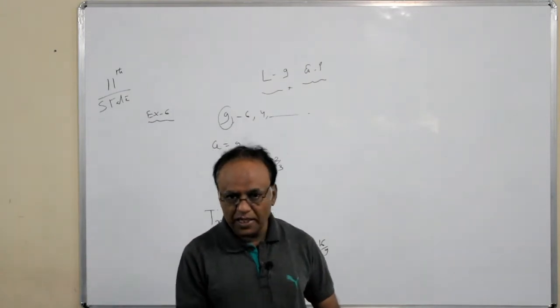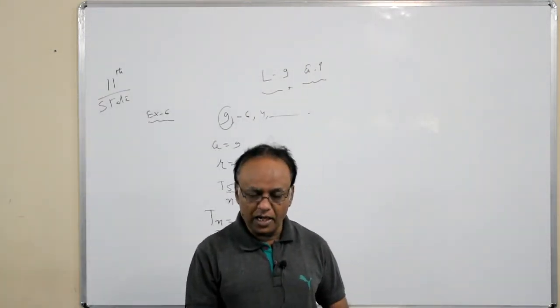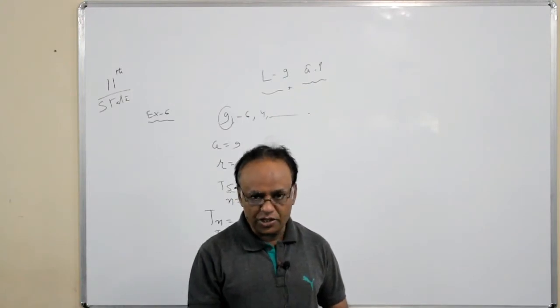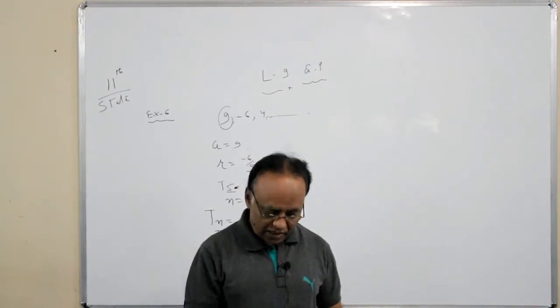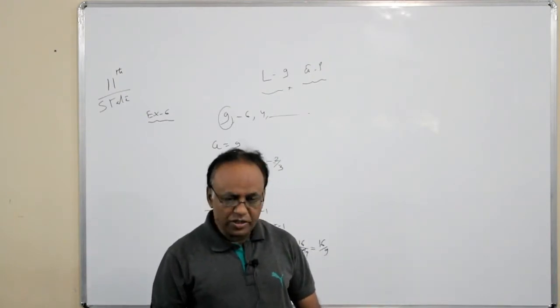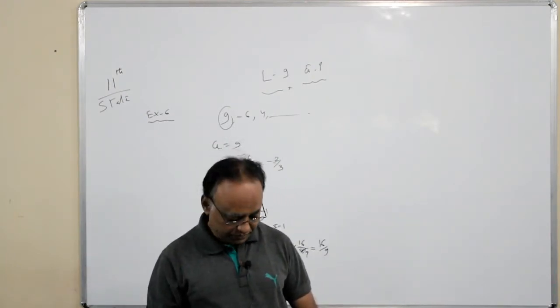Only one formula: Tn is equal to A R raised to n minus 1. A means the first term, R means the ratio, the consecutive terms ratio: second divided by first, third divided by second, and so on. Now, illustrative example number 7.